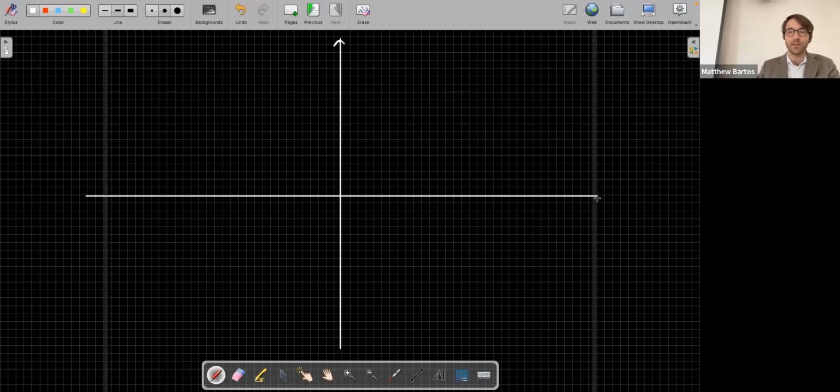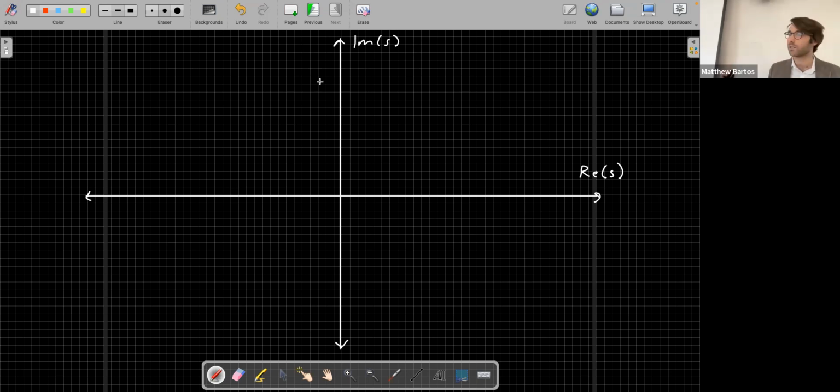Okay, so we have a complex plane here. And what I'm going to do is I'm going to go around, I'm going to look at different poles, different locations of the poles in this plane, and I'm going to ask for your help in determining what the response looks like and whether the system is stable or unstable. So we have the real component over here on the x-axis, the imaginary component over here on the y-axis.